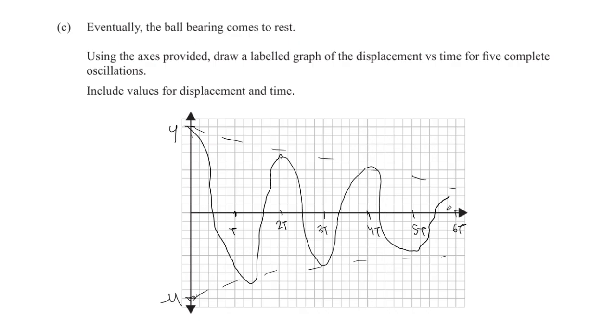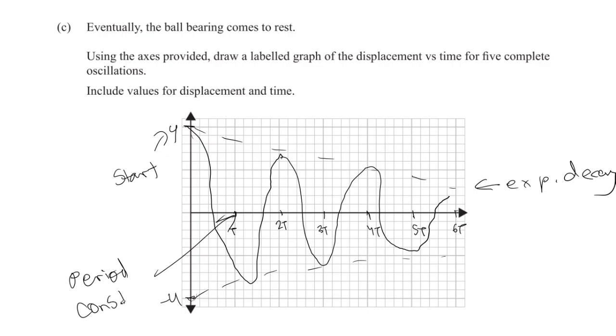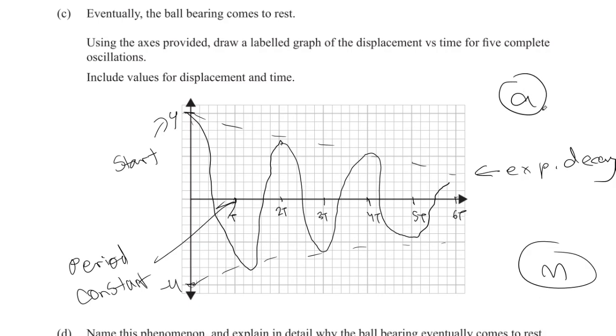And honestly, even though this drawing is really bad, the only points that you have to have are to show the dotted lines, which is exponential decay, the y starting at 4, so the start part, and the time and the period being constant. So you get all 3, you get a merit, but you only do 1 or 2, you get an achieved.